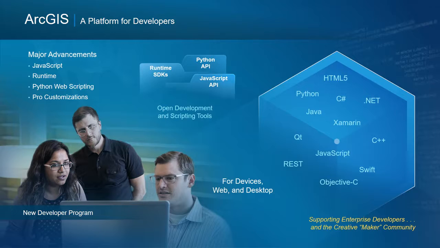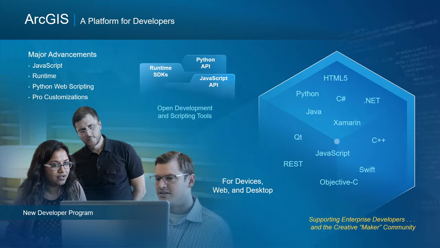Part of the power of ArcGIS is that it's a platform for developers. And here we're talking about developers who are supporting enterprise advancements, doing innovation inside of their enterprise. But also it's a platform for the creative maker community who wishes to take components and build solutions from scratch.